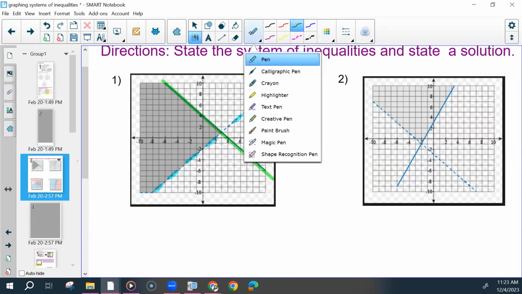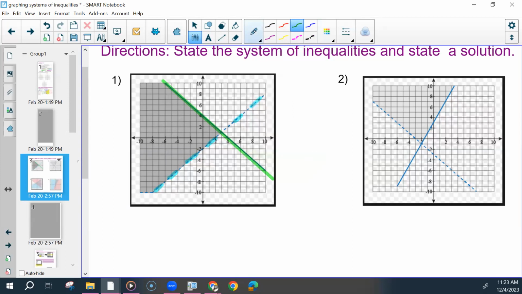Okay, so let's talk about the green one first. We have to find the slope and y-intercept. It's a solid line, so that should be easy. What is the y-intercept of this line? Where does it cross the y-axis? This one. 4.